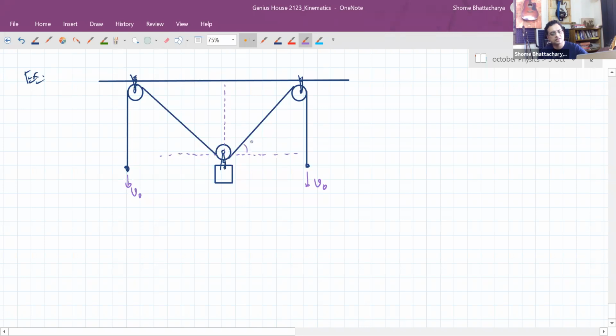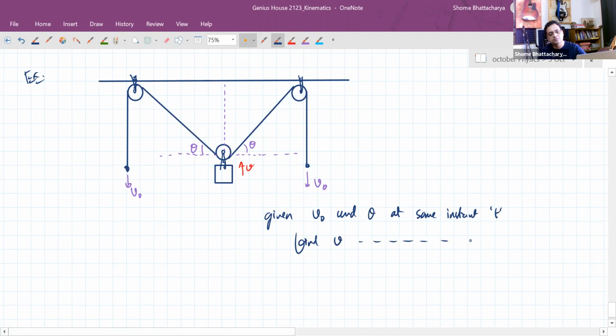So this angle theta is instantaneous, of course. And as a result of that, this block is going up with some velocity. So given the value of V0 and theta at some instant t, you want to find V at that same instant t.